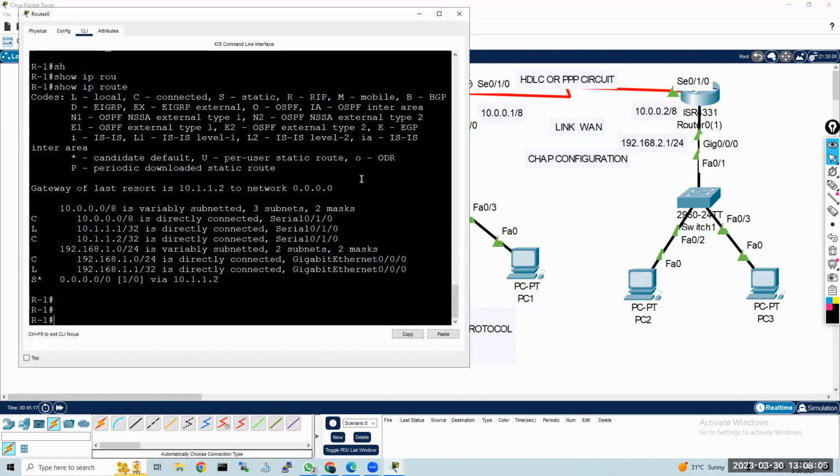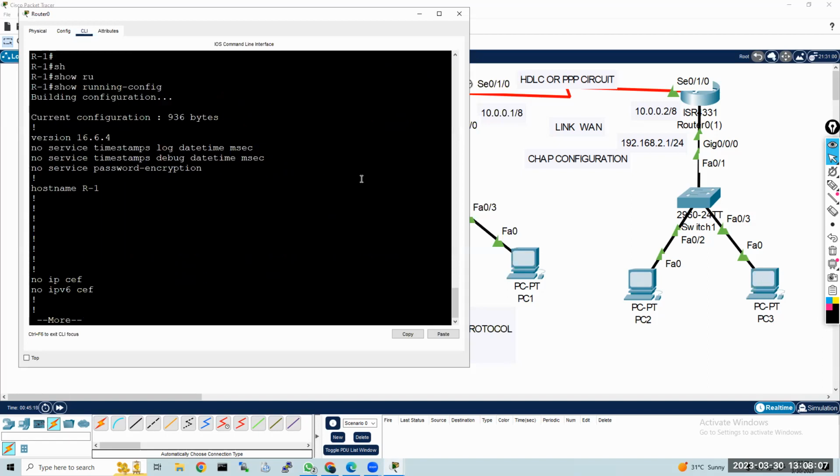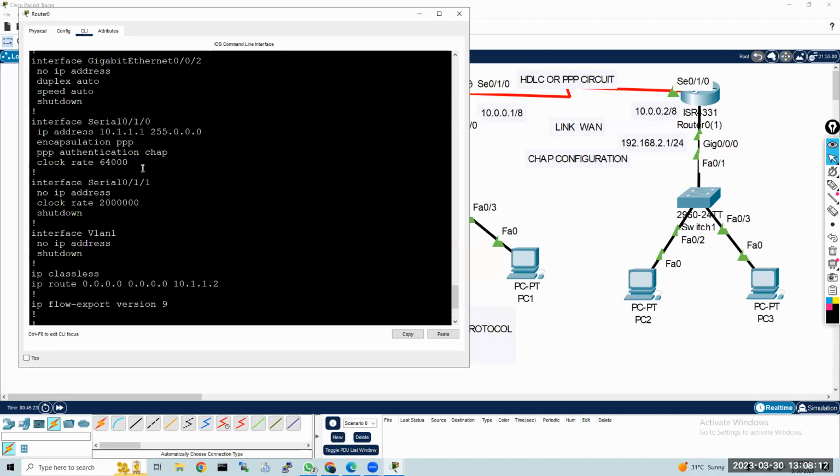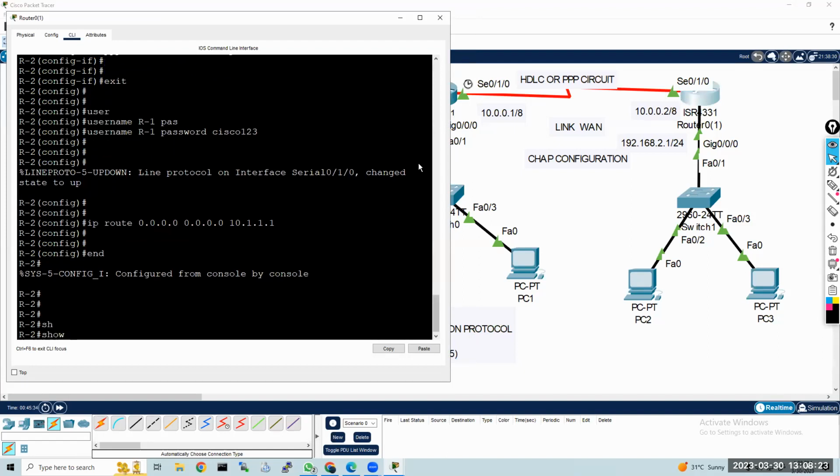So what are the commands we use? Show run. If you check the details here, these are the commands I have configured for this serial interface: PPP authentication CHAP. And same thing on this side. Show run.